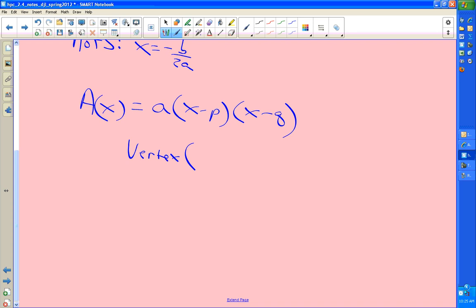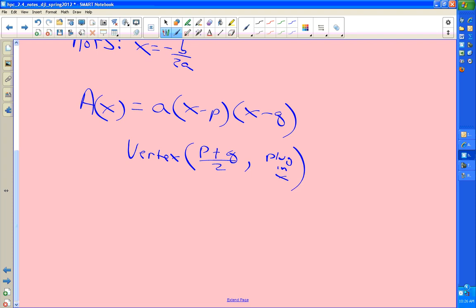You said add them together and divide by 2. Who is them? Add P and Q. So P plus Q divided by 2. Don't wimp out. You know what it is. Tell me. Use better words than them. Them would be unclear as to what we mean. How do we find the y-coordinate of the vertex? Plug in the x.